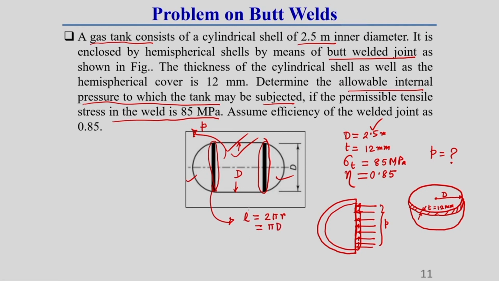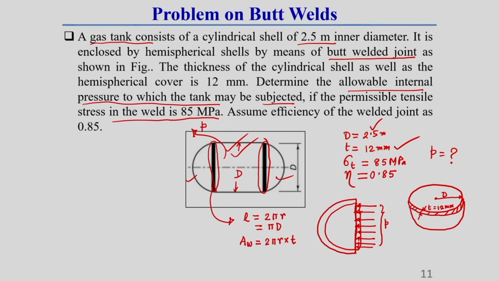So, the cross sectional area of this weld, which is the peripheral cross sectional area of this hemisphere, or we can say the peripheral area of the inner cylinder, will be 2 pi r, or pi into d, into the thickness of the hemisphere or cylinder. Here the thickness is given as t equal to 12 millimeter, because we generally consider the thickness of the plate as the throat thickness.